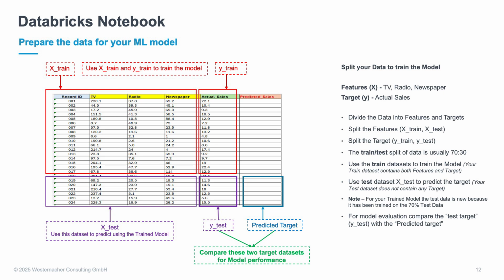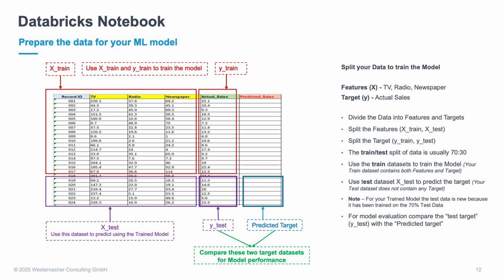Once I have X_test, I apply that to the machine learning model, which is already trained with the data from X_train and Y_train, and use the model to predict the data highlighted in blue.